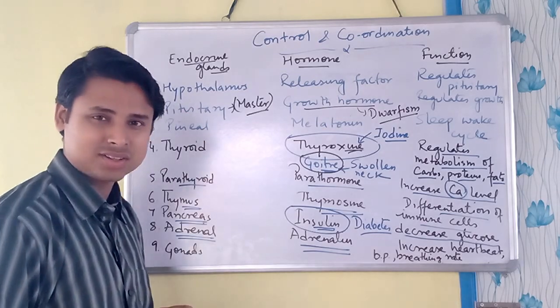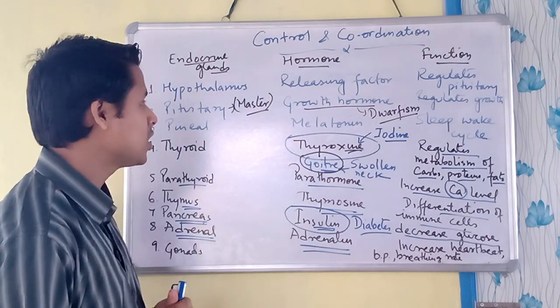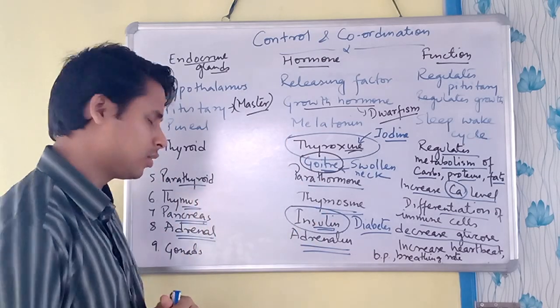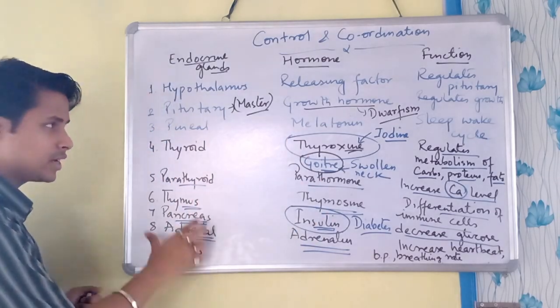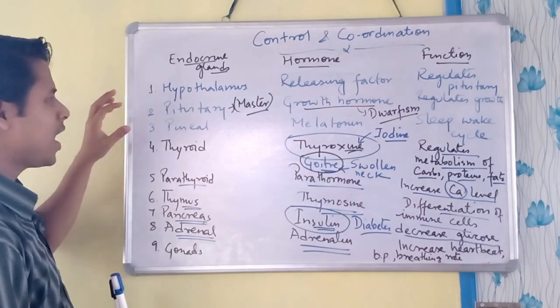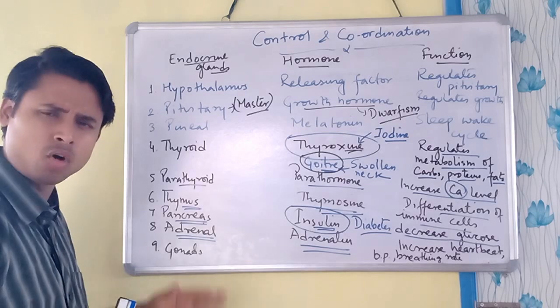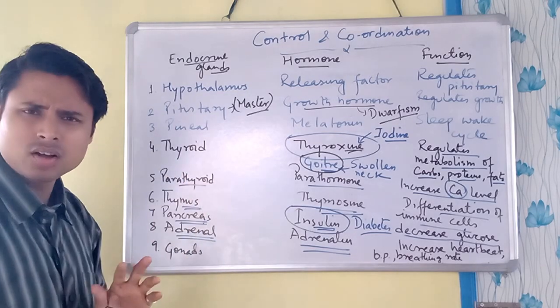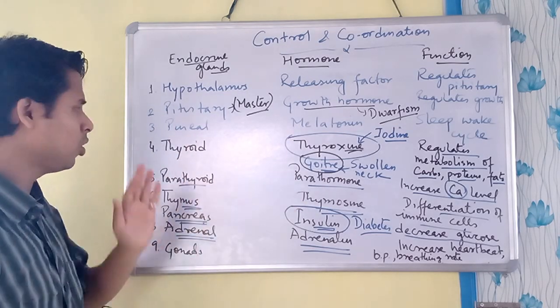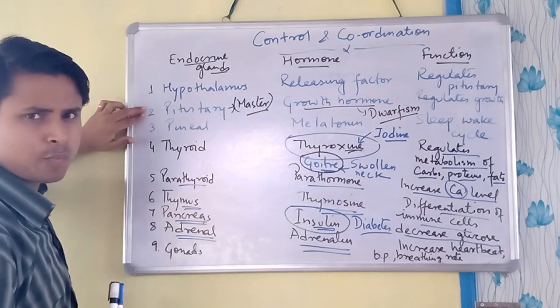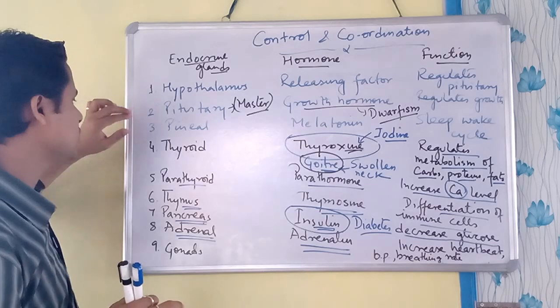Gonads, the last endocrine gland we will see. Before telling you about the gonads, I just want to tell you we have very important glands. I have already discussed many of the glands, and a few of the hormones released by them, not all the hormones. So pituitary gland is important as per your syllabus.